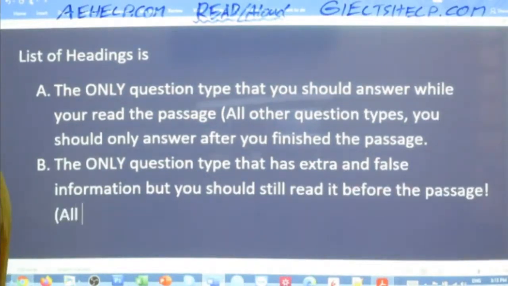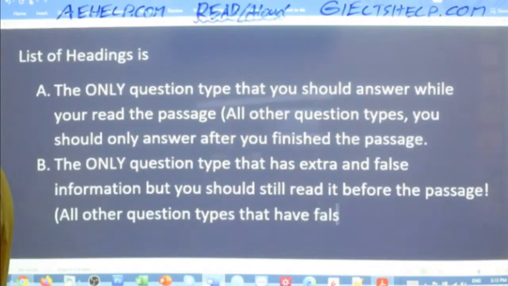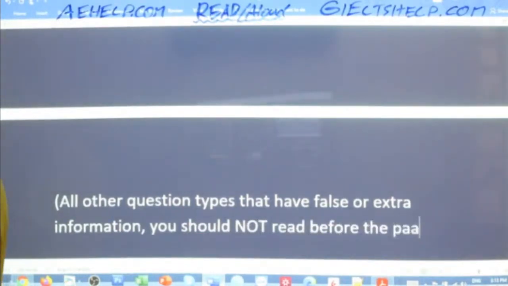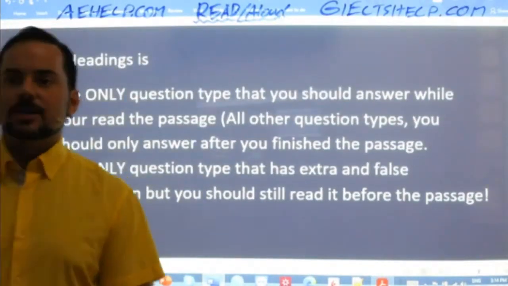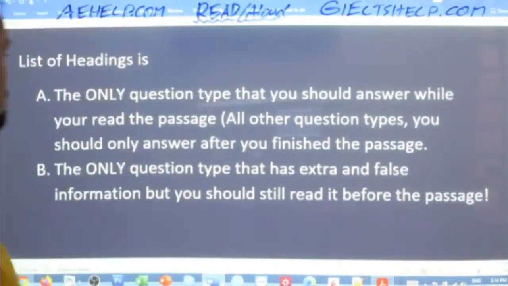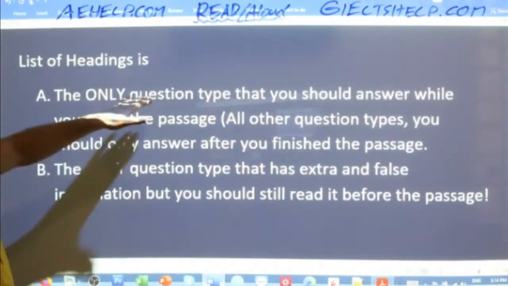Again, all other question types that have false or extra information, you should not read before the passage. Okay? So that's a really important strategy. Okay, that's really important strategy. So list of headings, it's the only question type.